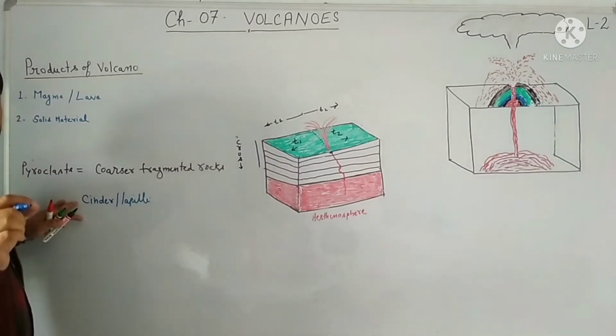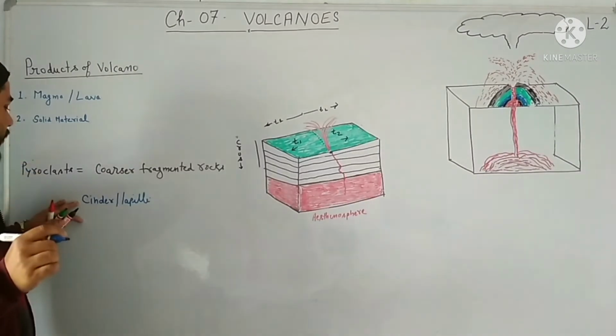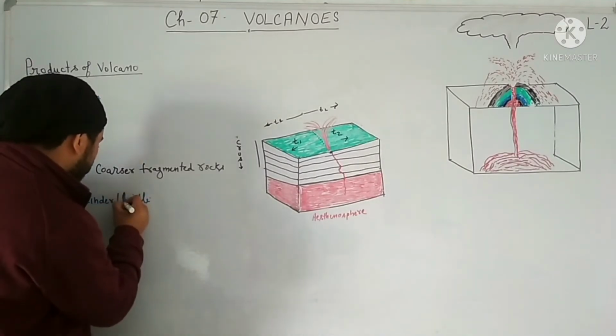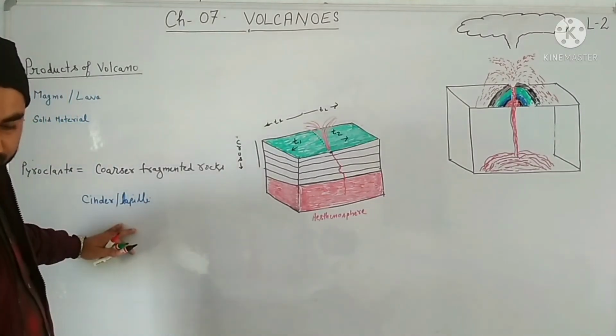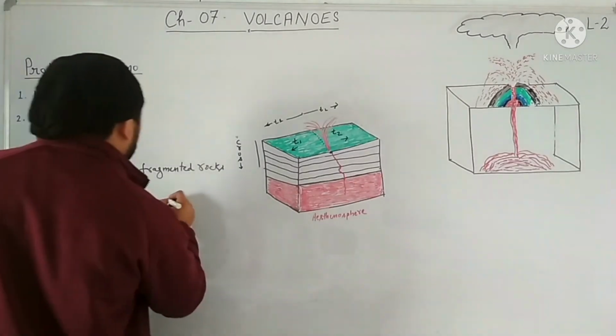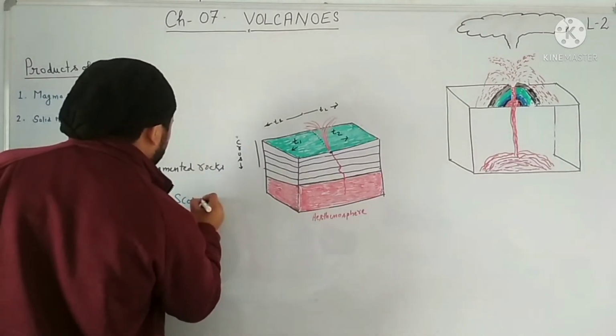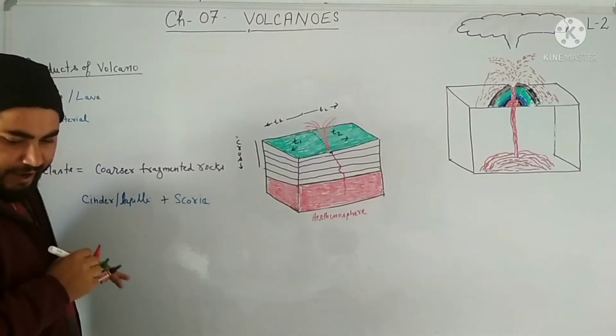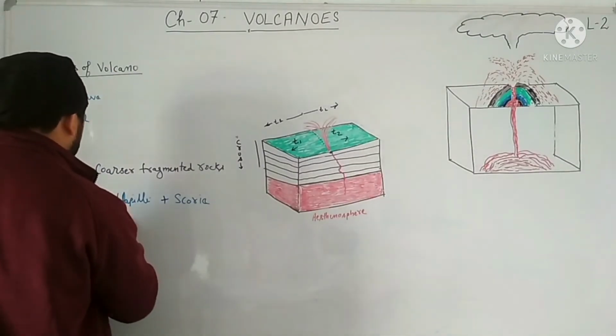The very fine particles are called volcanic dust, and the particles which are bigger than that are called volcanic ash, and the particles bigger than the ash are called cinder or lapilli, and the particles bigger than cinder and lapilli are called scoria, likewise pumice and volcanic bombs.